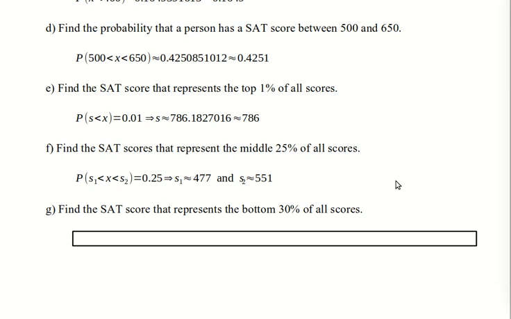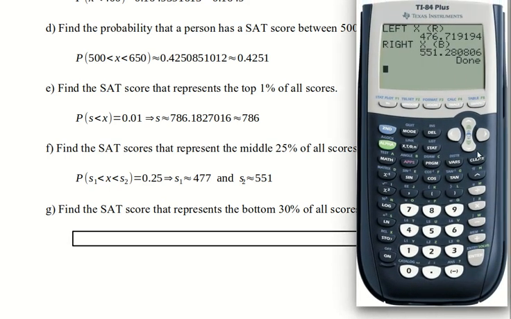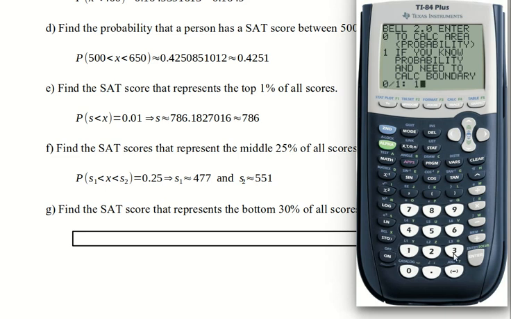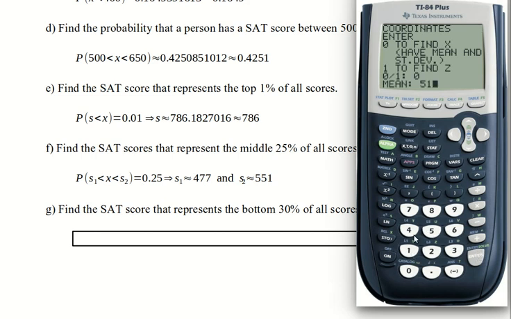Last but not least, we're going to find the SAT score that represents the bottom 30% of all scores. So let's go into programs, launch Bell. We're interested in finding the boundary, so a 1. It's normal, and we have all the data for an X value. 514 for the population mean, 117 for the population standard deviation.